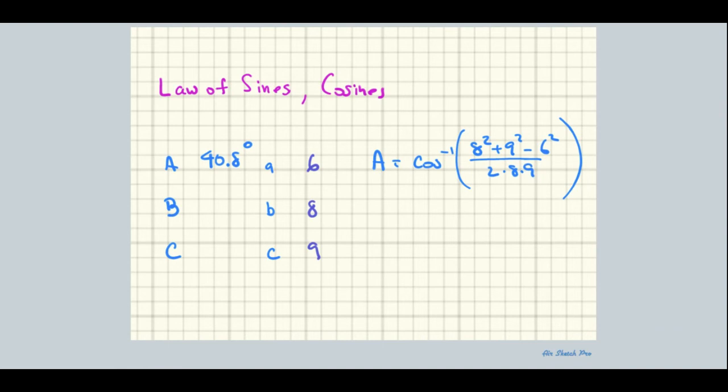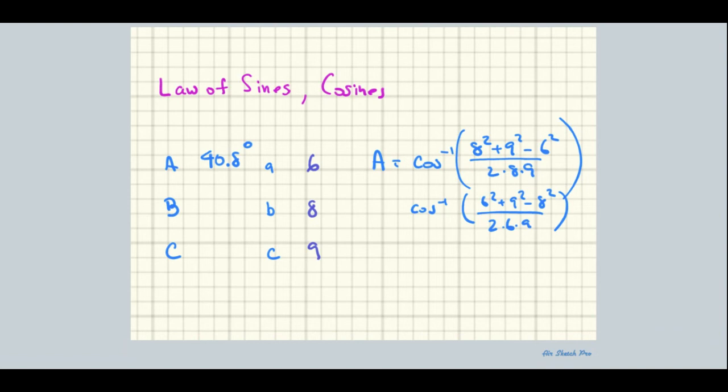But let's go ahead and set up the other ones. This is the arc cosine, the other two. This time the other two are 6 and 9, and this one is 8. So I'll say the other two squared minus this one squared over twice the other two. All right?